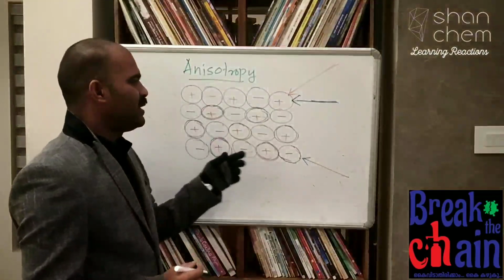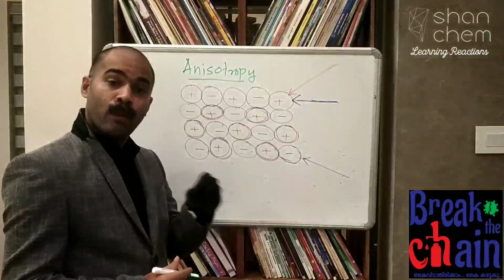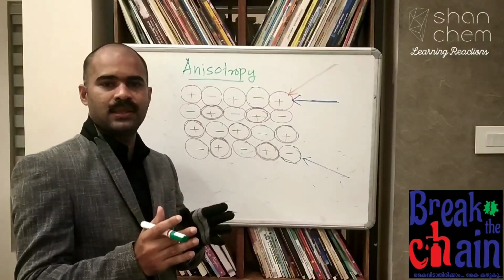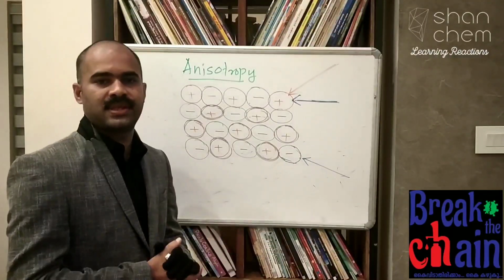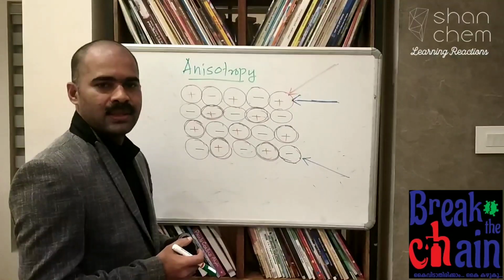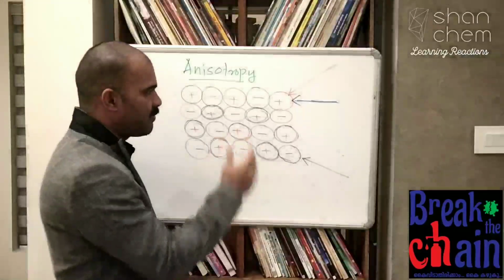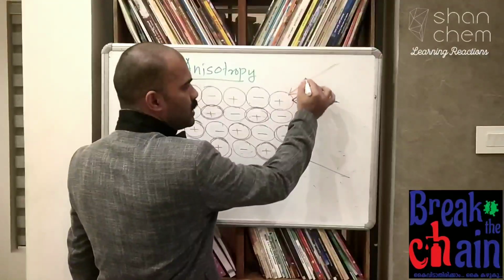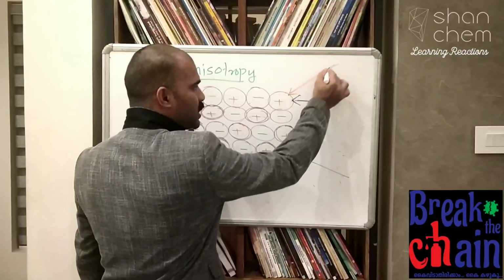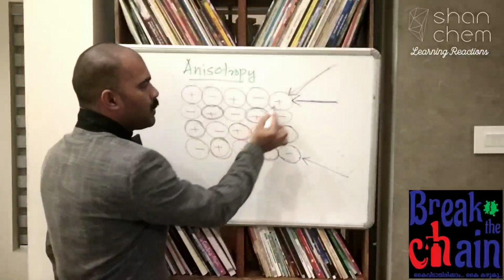Okay, here we can see that in this crystal, some properties like thermal resistance, electrical resistance and refractive index. Suppose they measure some physical properties in different directions, like along this direction. What happens? The electricity passes through only positive ions.